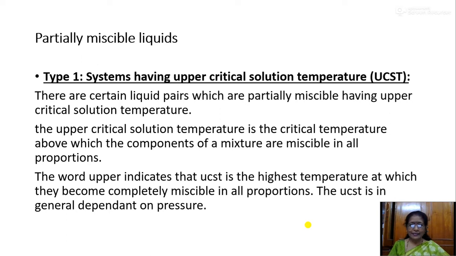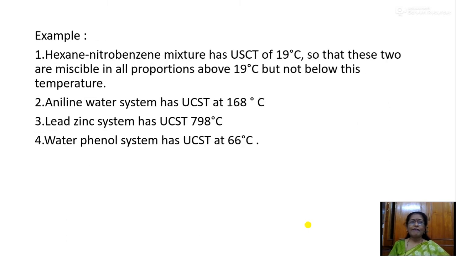The UCST is in general dependent on the pressure. Now, for example, the partially miscible liquids are given here. Hexane nitrobenzene mixture has an upper CST of 19 degrees centigrade, so these two liquids are miscible in all proportions above 19 degrees centigrade but not below this temperature.